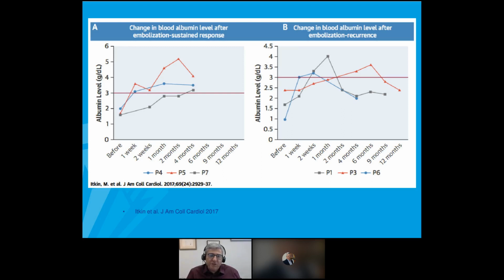In some of these patients, this effect might be temporary, which means after a good response, there will be a relapse of their protein losing enteropathy. However, what we have seen is that after such a relapse, this is again a good indication to retreat, and it is also technically very possible to retreat these patients.